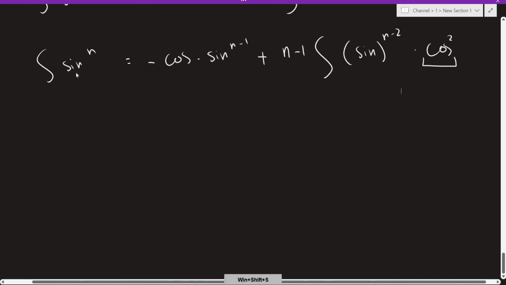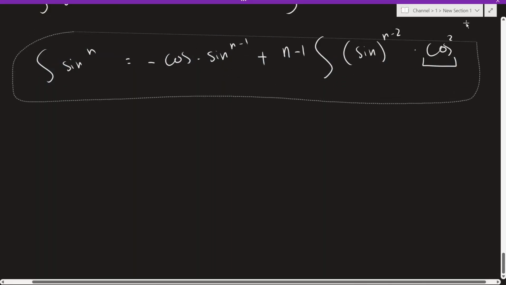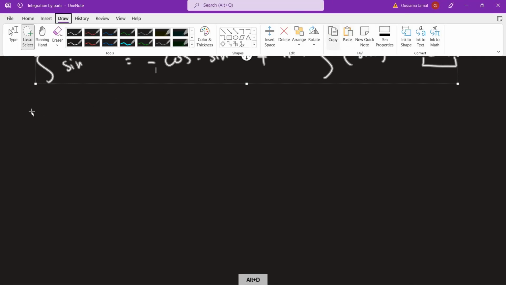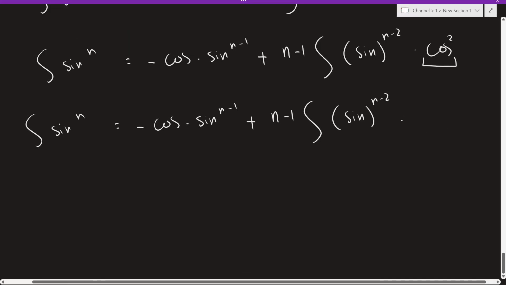So it's going to be the same thing, but with cosine squared as 1 minus sine squared. Now let's distribute sin^(n-2) times 1 minus sine squared.